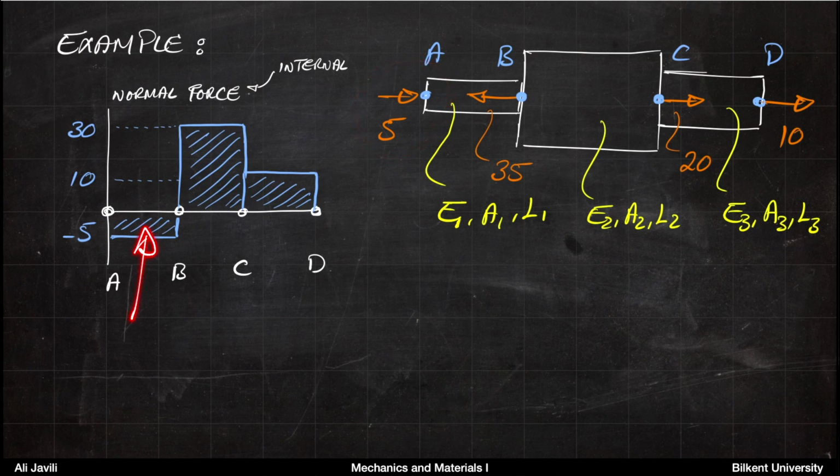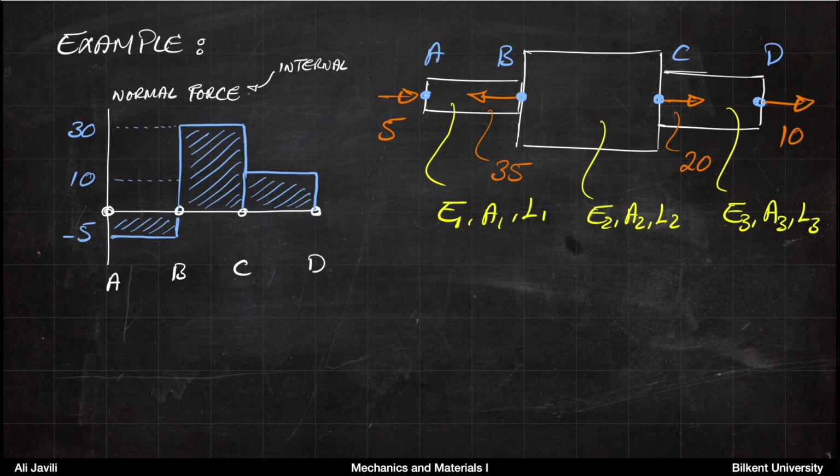So that would be minus 5. And then again, minus, we use it to indicate that it would cause contraction as opposed to elongation of the member or section.